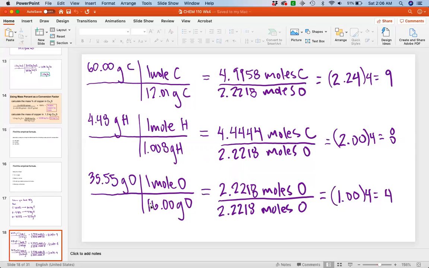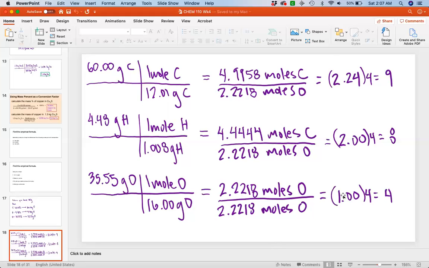When we do that conversion, one of the things we're going to see is the 4.9958 moles of carbon divided by the smallest number of moles that we have, which in this case is the moles of oxygen. That's going to give us 2.24. We do the same thing to hydrogen. We have 4.444 moles of hydrogen divided by, again, the smallest number of moles, which is oxygen. It's going to give us 2.0. And 2.2218 moles of oxygen divided by itself will give us a ratio of 1.